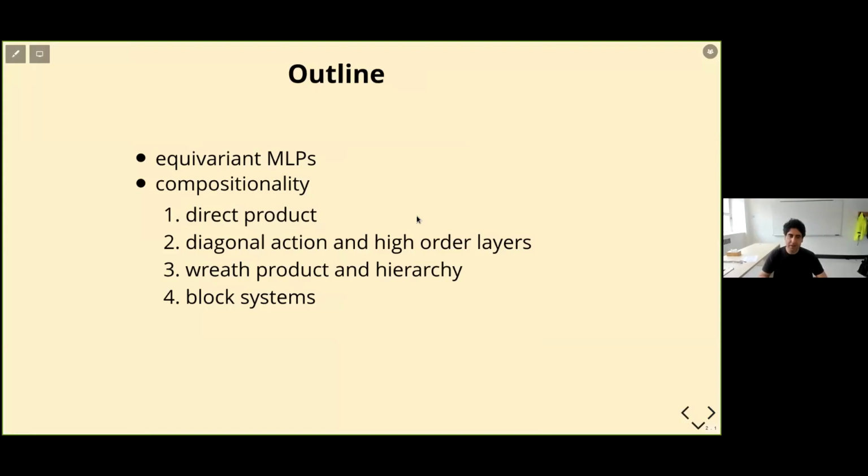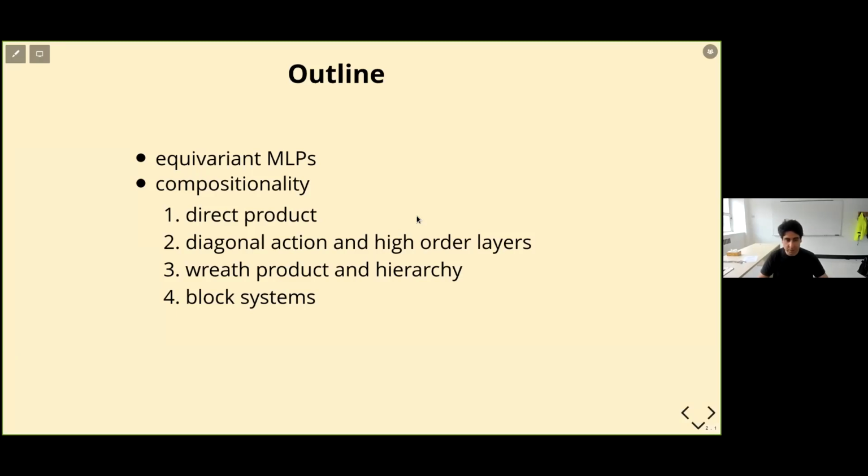I will first give a broad background on representation learning using symmetries and equivariant MLPs, how to build them, and then I'll look at four ways of using compositionality and the utility of these different compositions in building equivariant multilayer perceptrons.